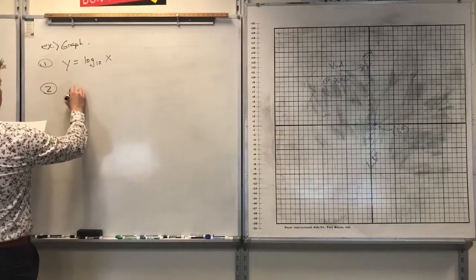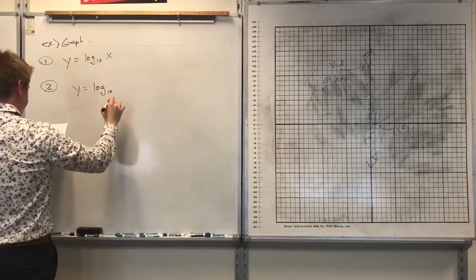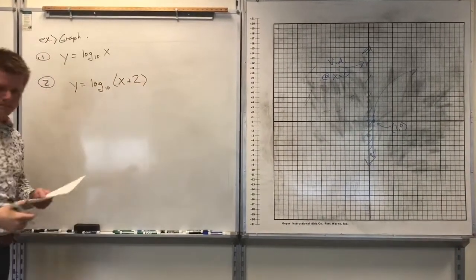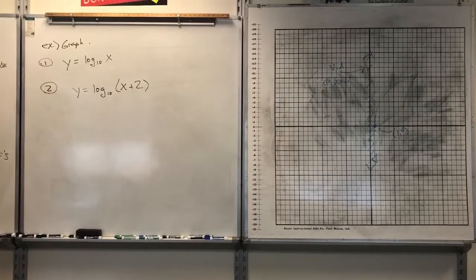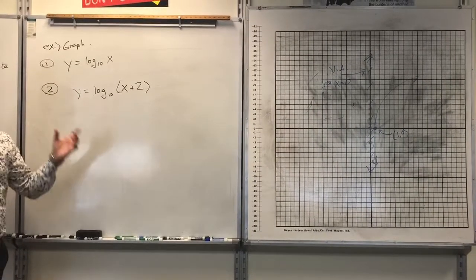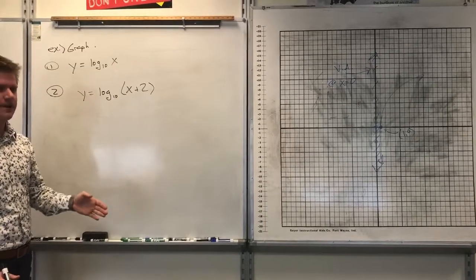Number 2, y is equal to log base 10 of (x plus 2). Now, parentheses in this case are very important. Because there are parentheses there, that plus 2 is going to cause a shift horizontally, not vertically.